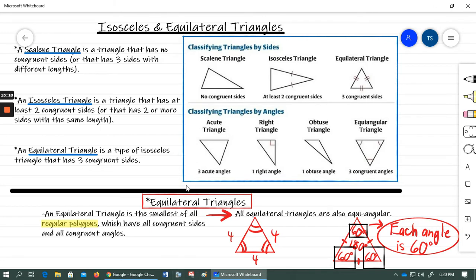So again, guys, that's something pretty special about equilateral triangles that you will need to know and use.